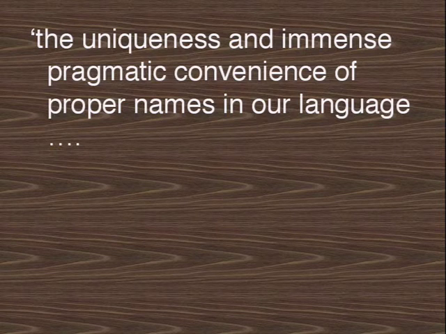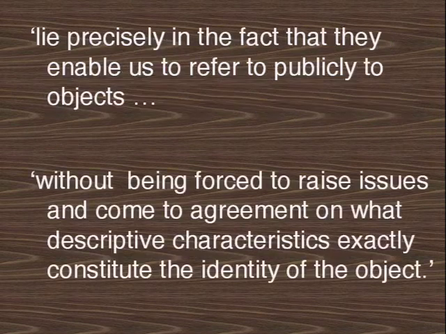But Searle's idea is, no, it's great having names. There is a point to having names. And it's precisely that names let us refer publicly to objects without being forced to raise issues and come to agreement on what descriptive characteristics exactly constitute the identity of the object.